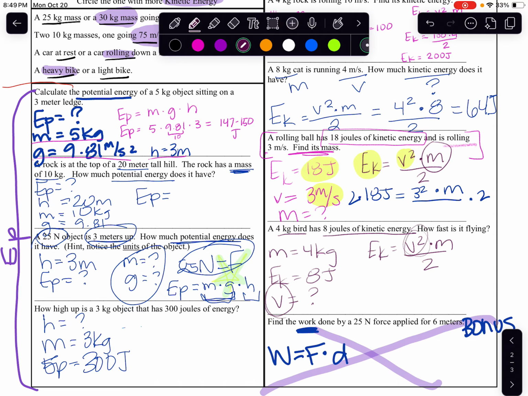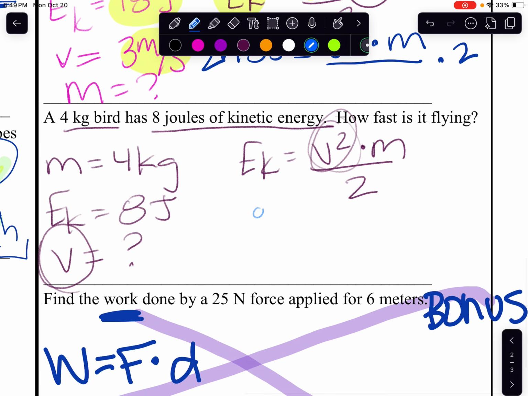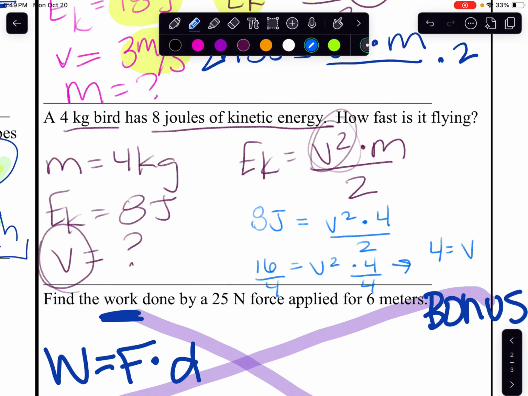So again, you're plugging in your numbers: 8 joules of kinetic energy is equal to V squared times a mass of 4 divided by 2. So you'll get 16 equals V squared times 4. Divide both sides by 4. So then you end up with 4 equals V squared.